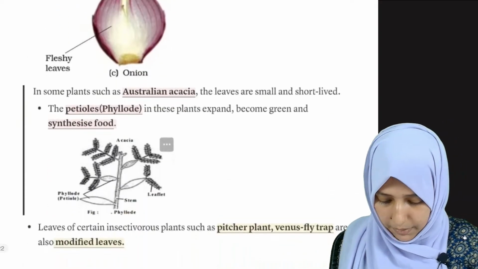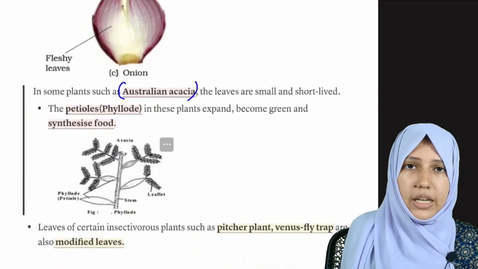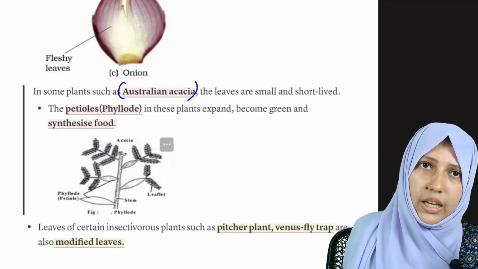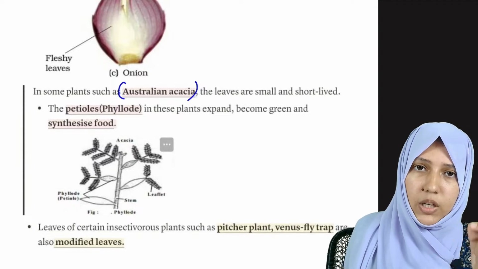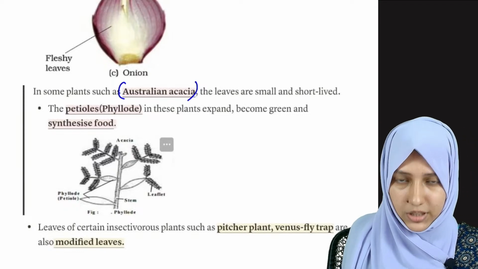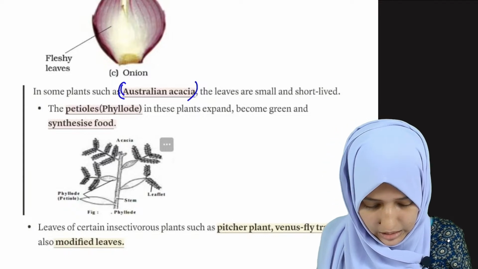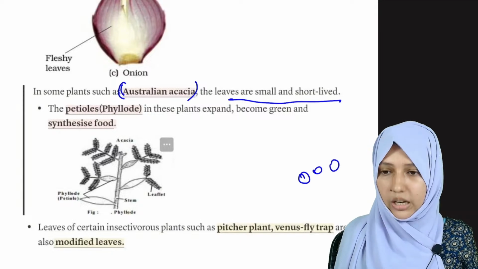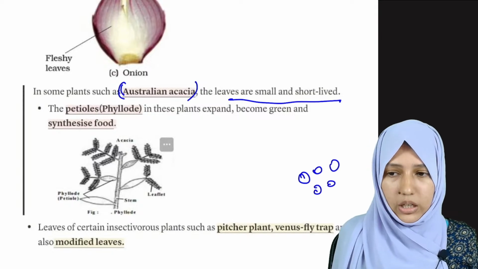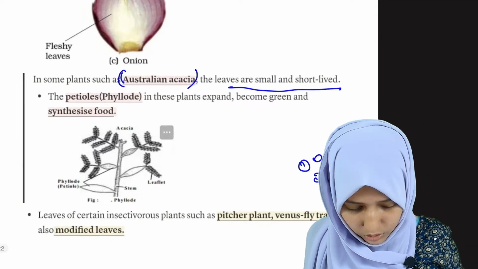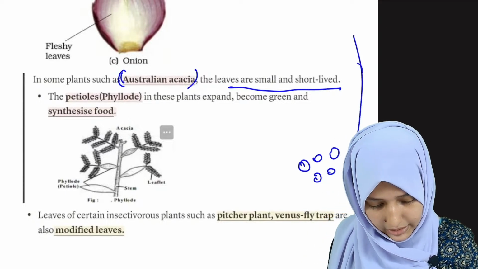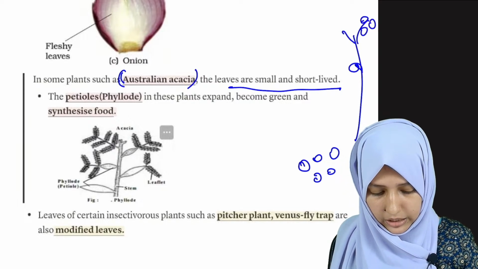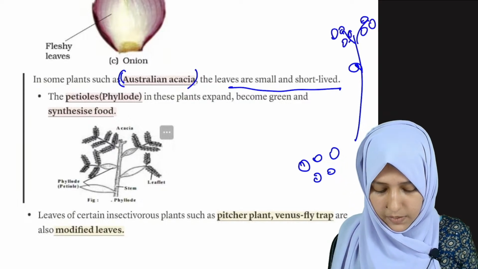And in some plants like Australian Acacia, the leaves look like drumstick leaves, if you have seen that. In Australian Acacia the leaves are small and short lived. The petioles, which is the stalk that bears the leaves, will be expanded.